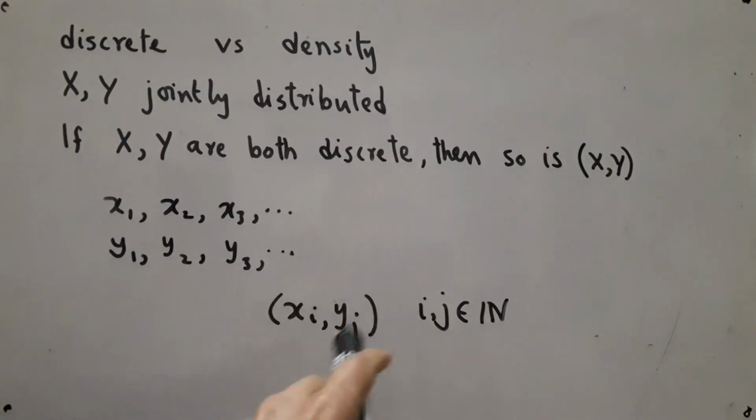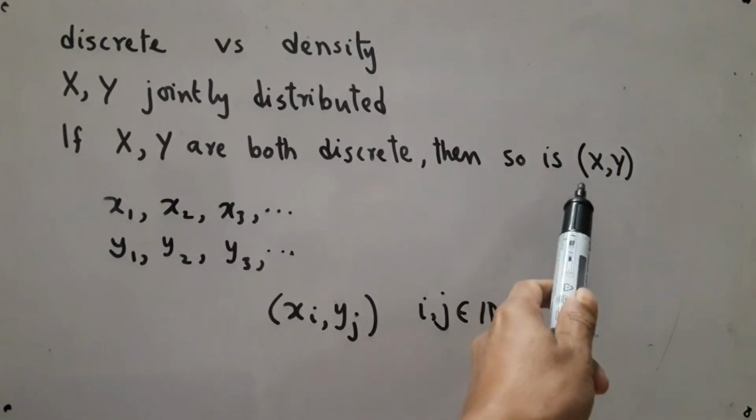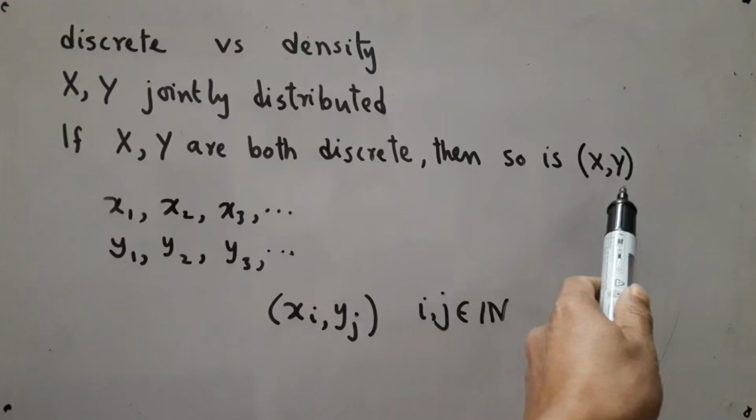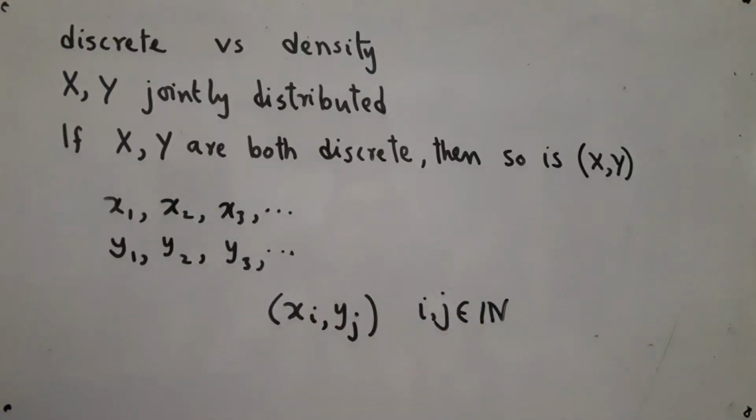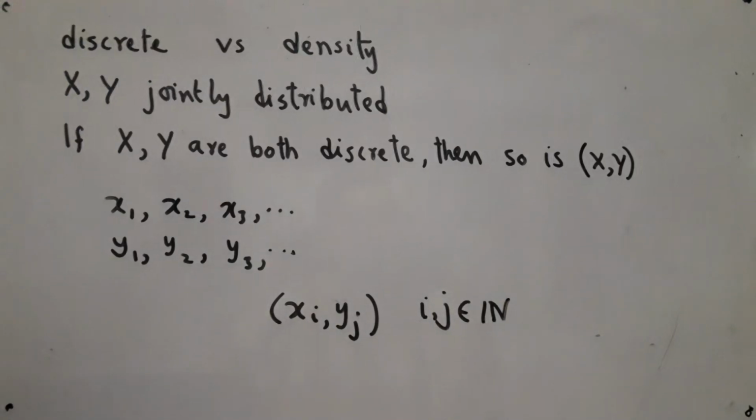Certain pairs may not be possible, but it can never take any value outside of this countable set. So, the set of all possible values that the pair can take is again countable. As a result, it is also jointly discrete.